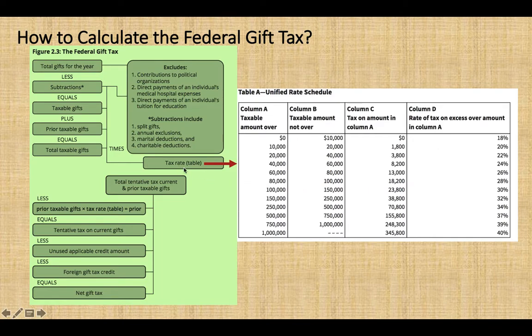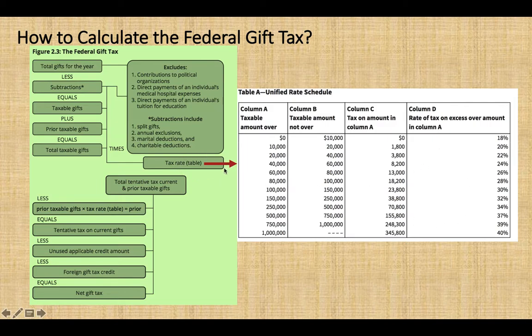So you take your current year gift, add the prior year gifts together, then apply the rate. This will always apply to your lifetime taxable gift amount, which means that everything above $1 million is taxed at a 40% rate. Just keep that in mind.